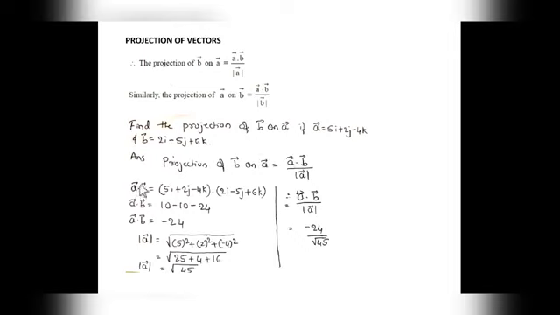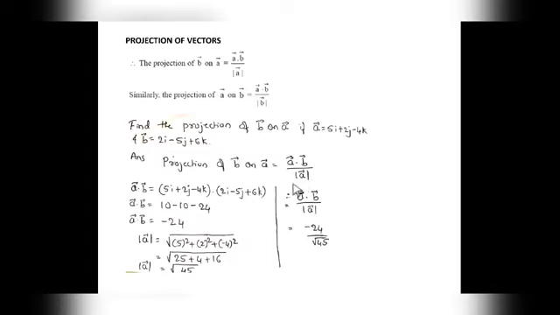First I'll find out dot product between vector A and vector B. Vector A dot vector B will be equal to 5 2s are 10, plus into minus 2 5s are 10, minus into plus minus 4 6s are 24, plus 10 minus 10 will get cancelled, minus 24 will be the dot product of vector A and vector B.